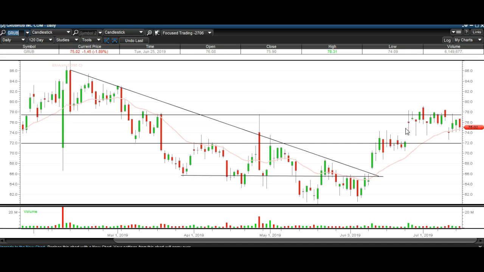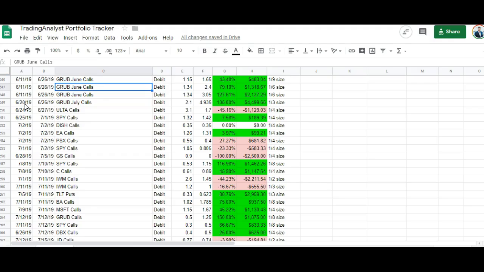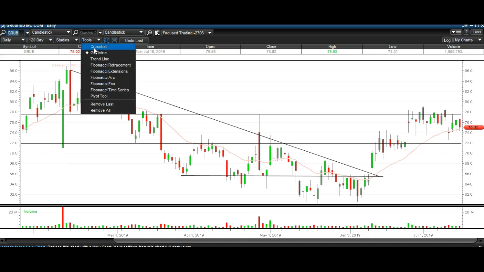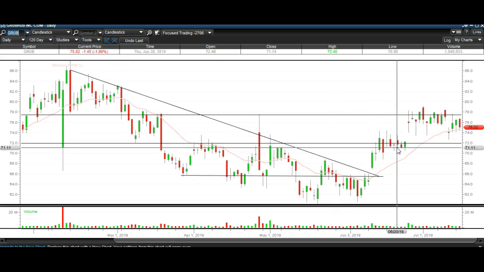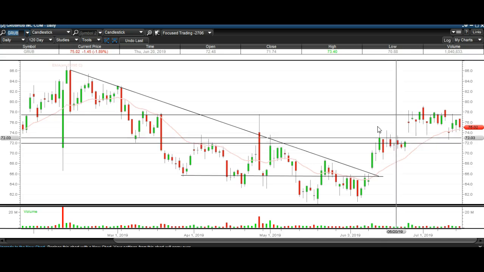The other thing too is we actually, as you can see here, entered on the 20th of June as well, a second position for more of a shorter term burst. You see the 20th is right here on this day, as we looked like we got a gap up, and it looked like that was going to be the start of the move, and we ended up trading sideways for a couple more days before heading higher.